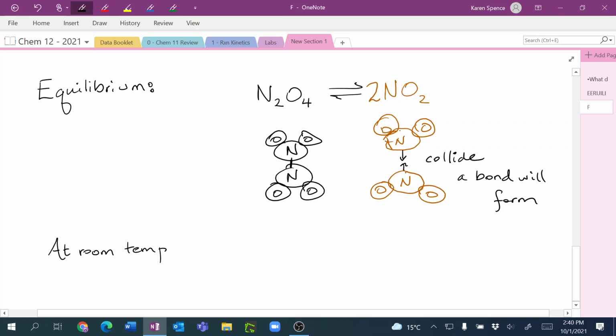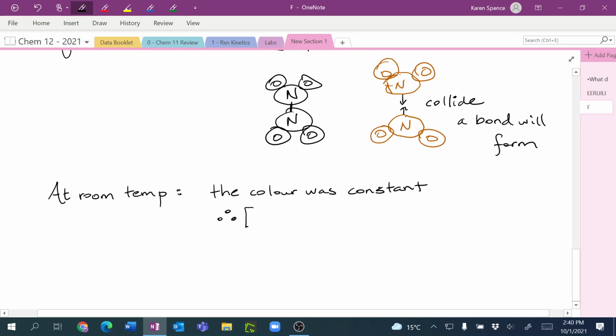At room temperature, what can we say about the color? The color was changing or constant? It was constant. Therefore, what can we say about the concentration of NO2? Not changing, constant, okay? Therefore, what can you say about the rate of the forward and the reverse reactions?